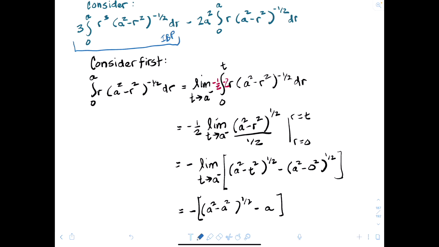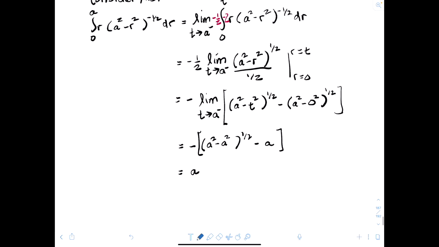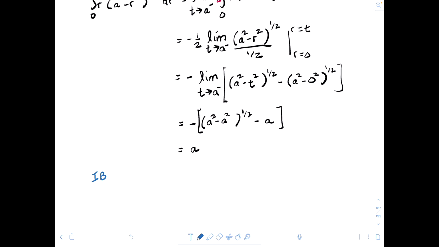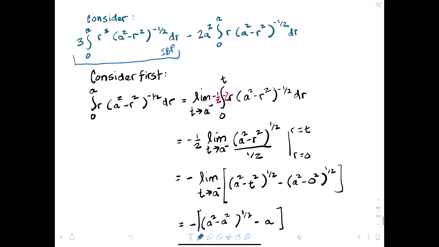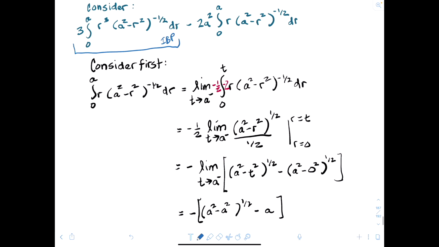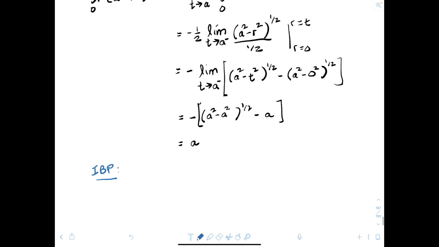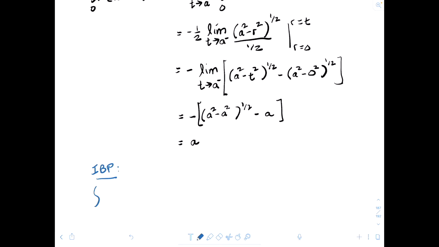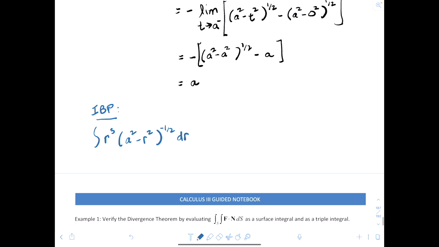What'll happen is we're just going to consider the indefinite integral right now. And so we have the integral of r cubed times a squared minus r squared to the negative 1/2 dr, right?